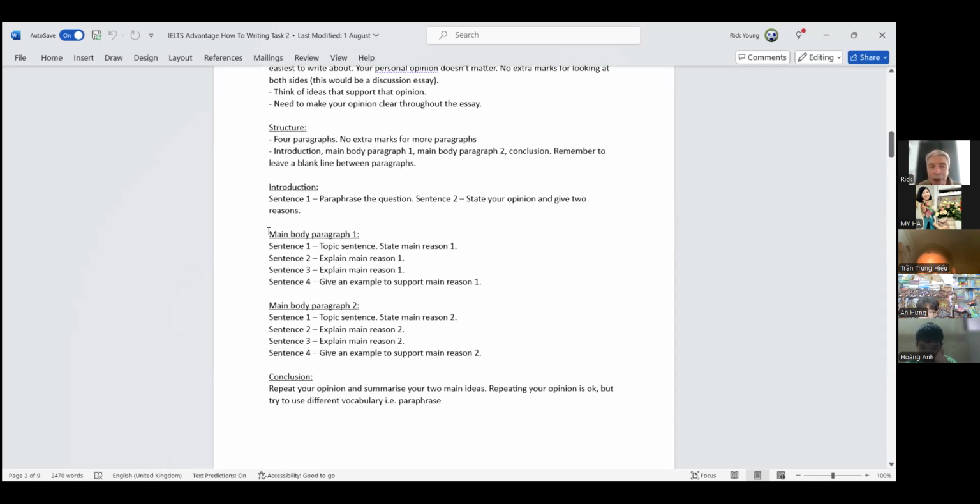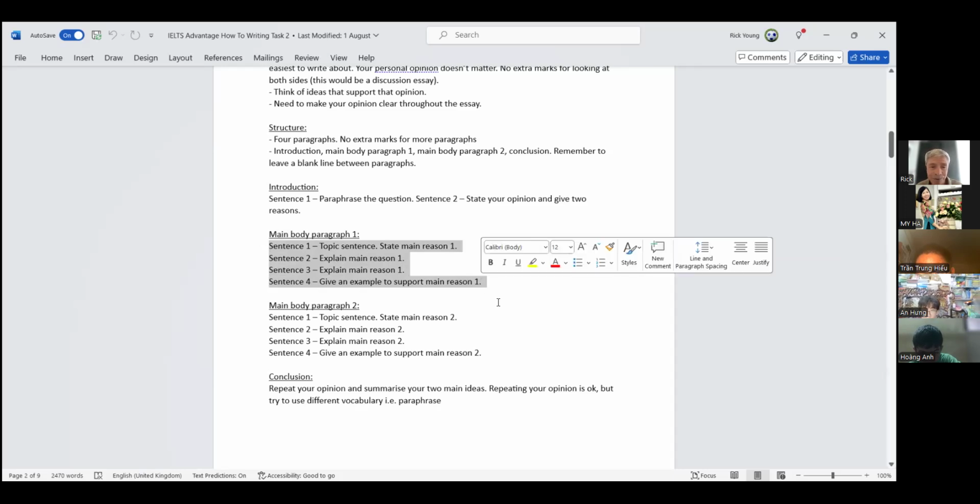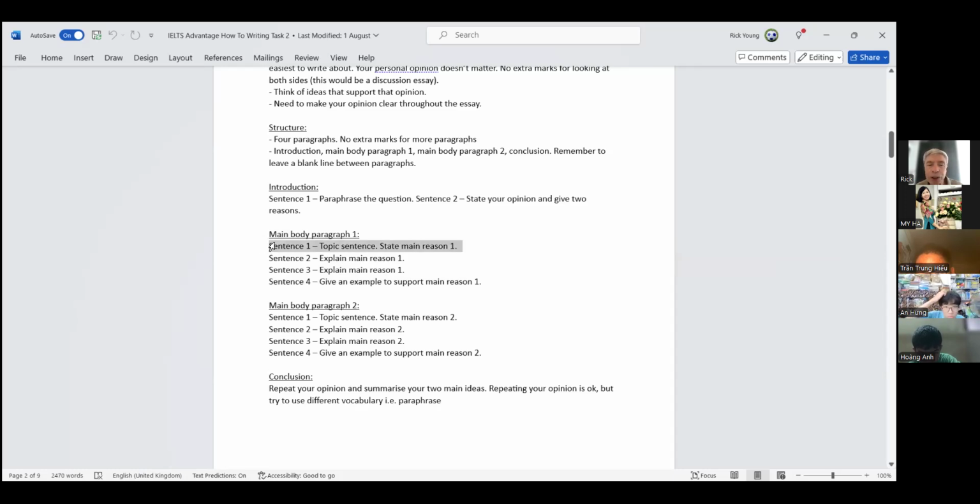Then you come to what I call main body paragraph 1, but this is in fact paragraph 2 of your essay. Remember, paragraph 1 is the introduction. So this is paragraph 2, but I call it main body paragraph 1, because this is where you explain one of your main ideas. Each main body paragraph should have at least 4 sentences. Sentence number 1 is what you call the topic sentence.